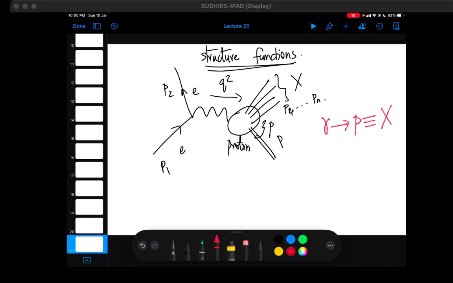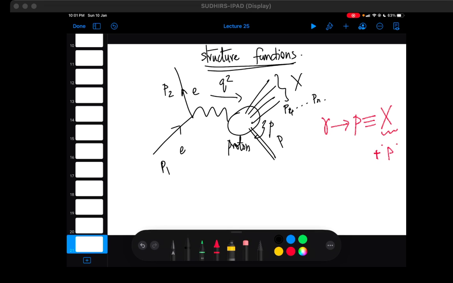Typically, if you hit an electron and a proton, it gives you a bunch of kaons, pions and all this business, plus whatever is residue, the remaining part of the proton. So if we write it in terms of P1, P2, and P3, this is essentially the P, and then there will be P4 to Pn, a lot of these things.